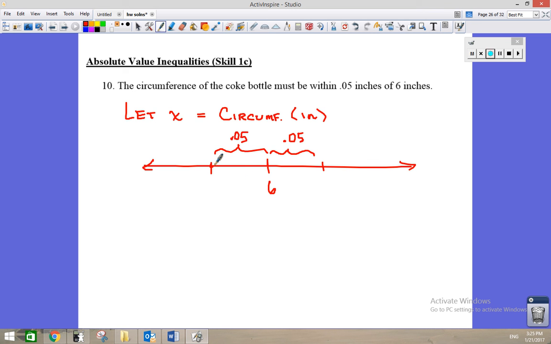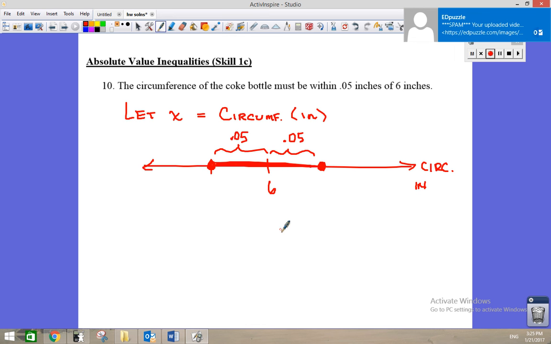So it wants us to have this minimum value and this maximum value, and any Coke bottle that is produced within .05 inches of the 6 inches, and remember this is the circumference, is going to be okay.